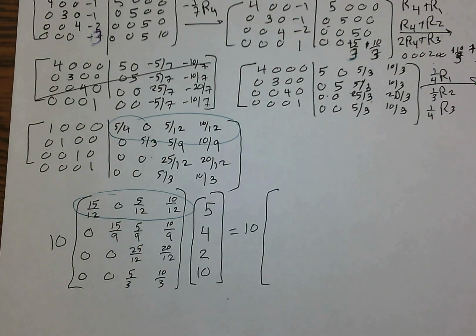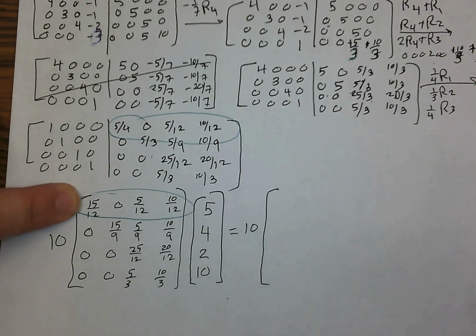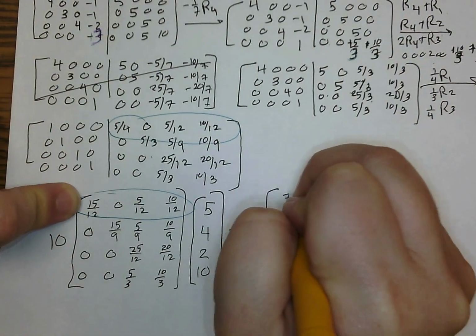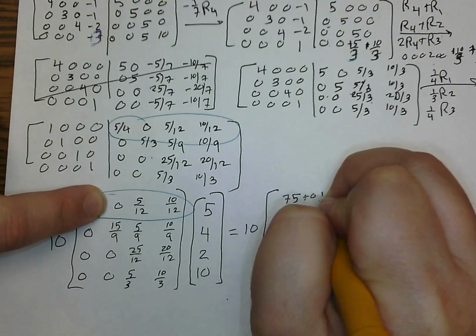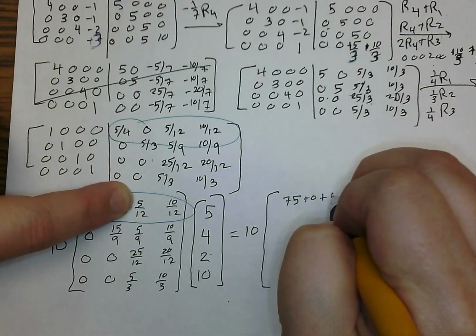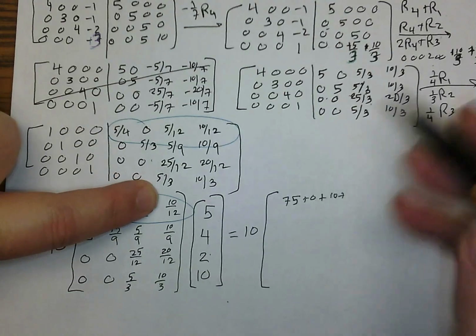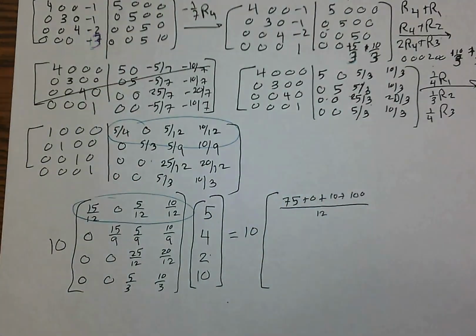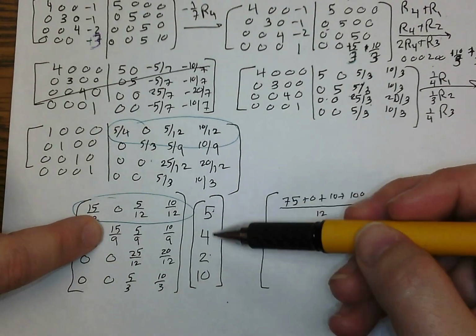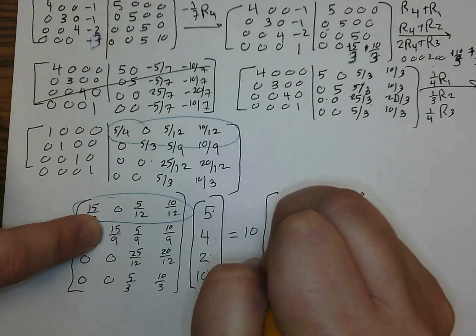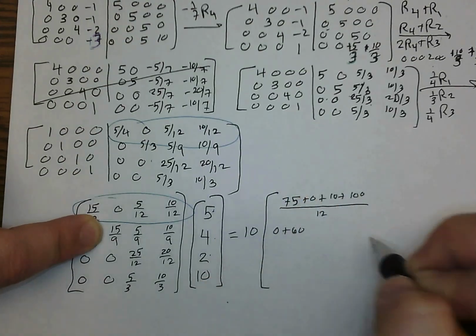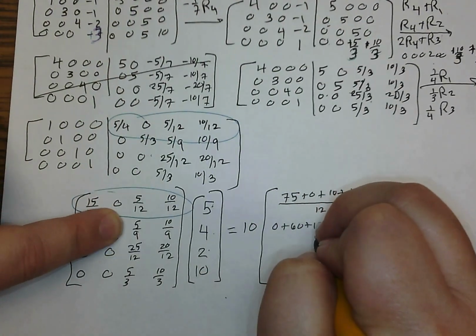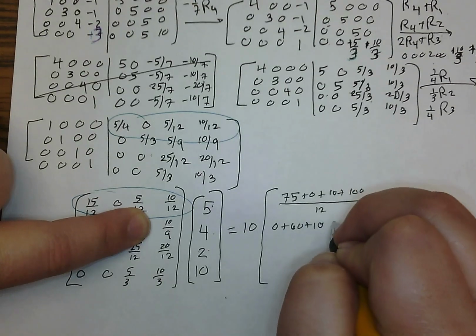Because these all have 12s in the denominator, we're going to ignore that momentarily. 15 times 5 is 75, plus 0, plus 10, plus 100. And that's all over the 12th. The next entry, 0 times 5 is 0, 15 times 4 is 60, 5 times 2 is 10, 10 times 10, 100.